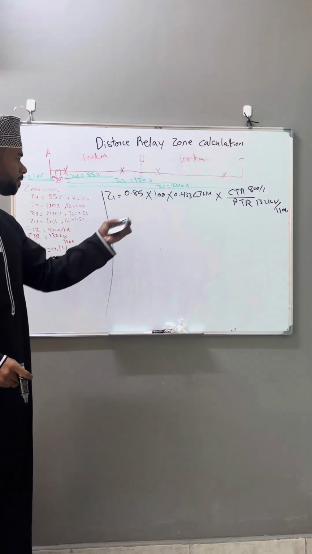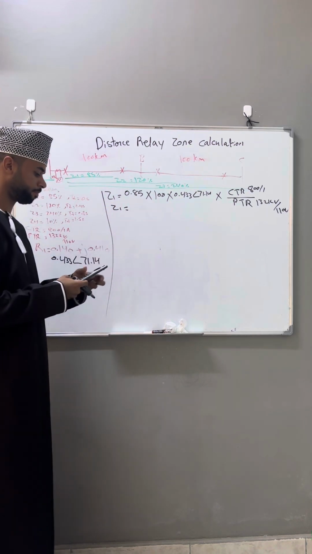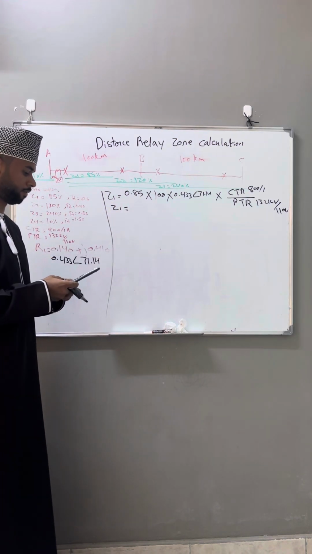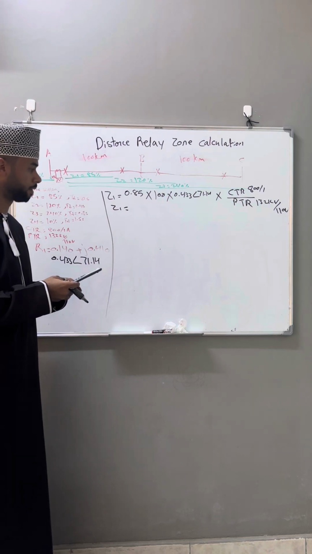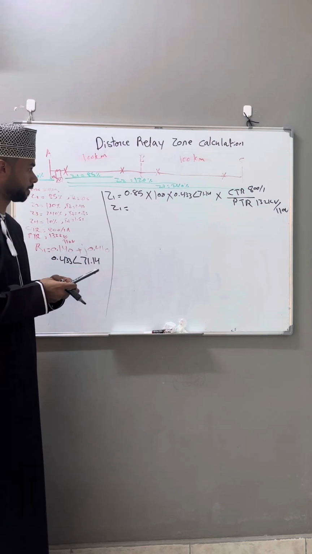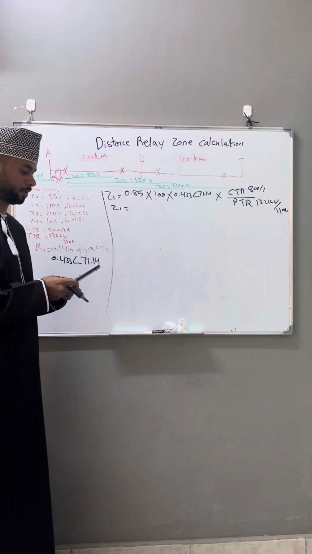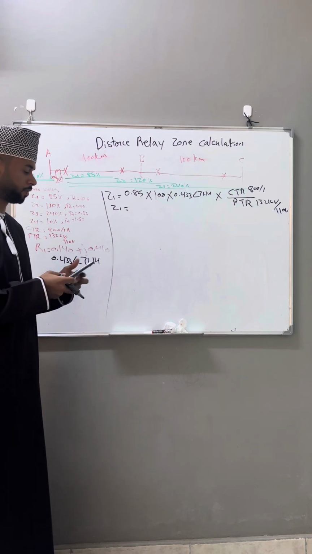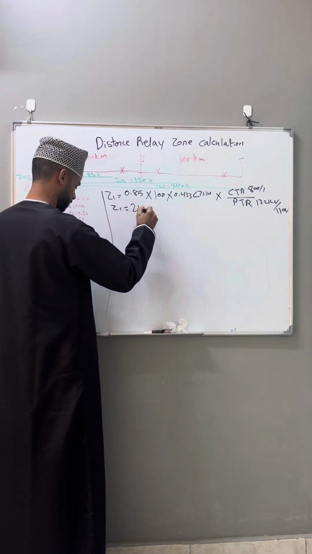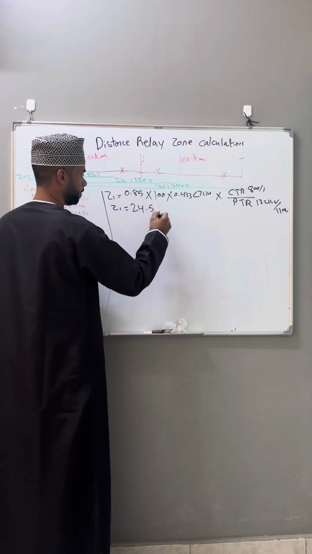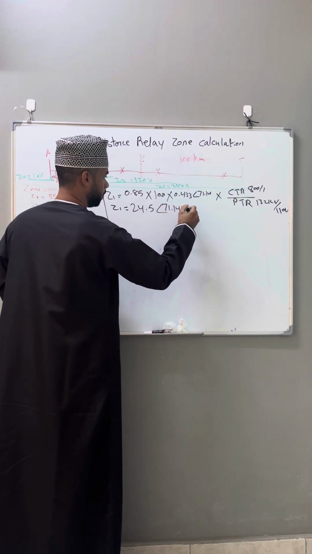Okay, so now let's calculate. Zone 1 will be equal to 24.5 with angle 71.14 ohm.